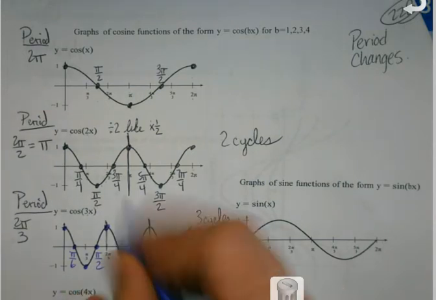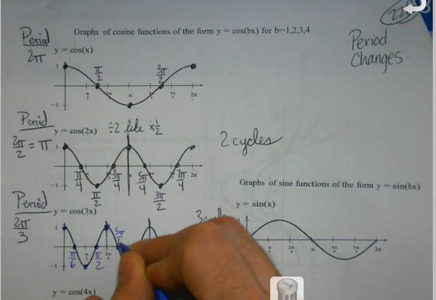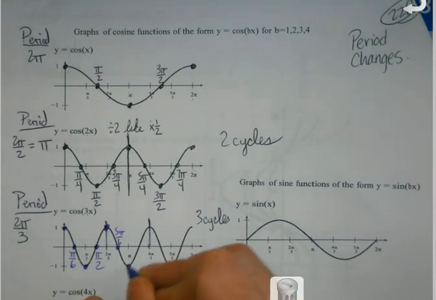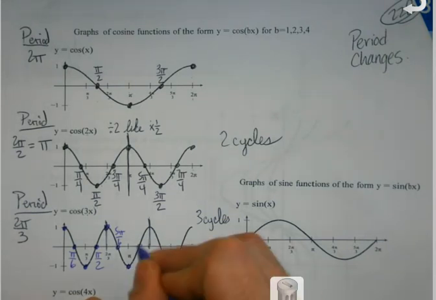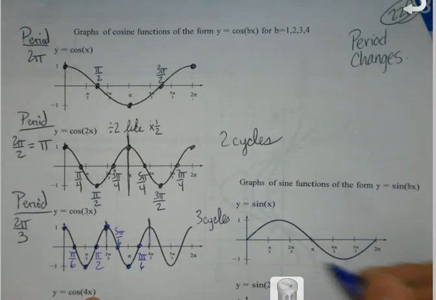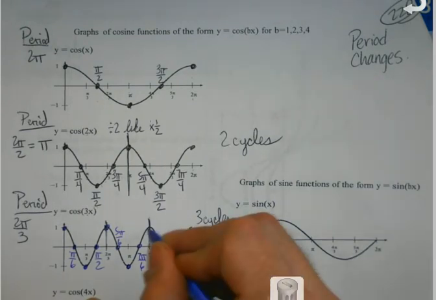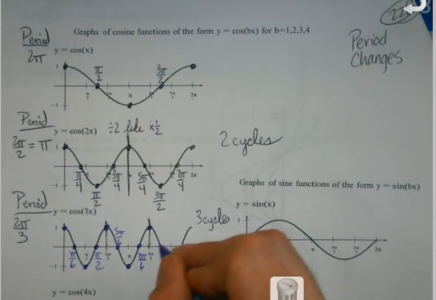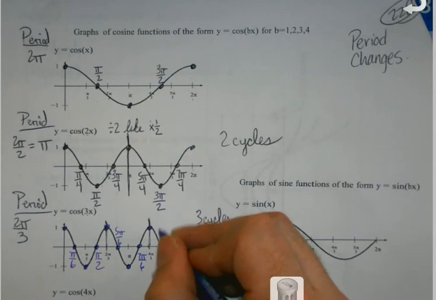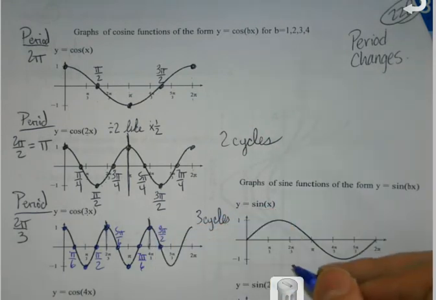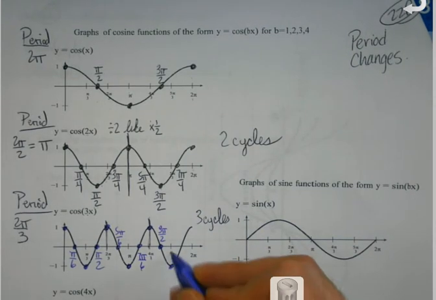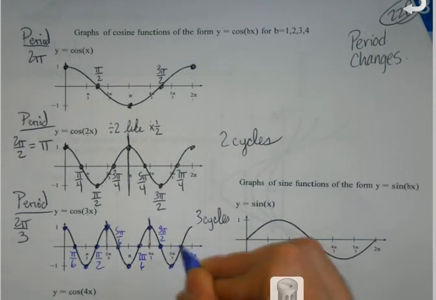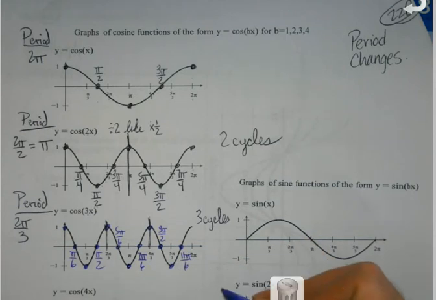So let's see, 4 pi over 6, 5 pi over 6, 6 pi over 6, which is pi, 7 pi over 6, 8 pi over 6, 4/3, another cycle, so that's 2, 9 pi over 6, 3 pi over 2, 10 pi over 6, 5/3, 11 pi over 6, and finally 12 pi over 6.